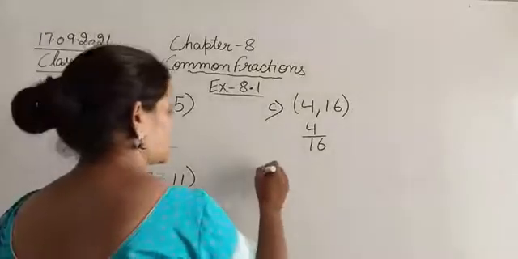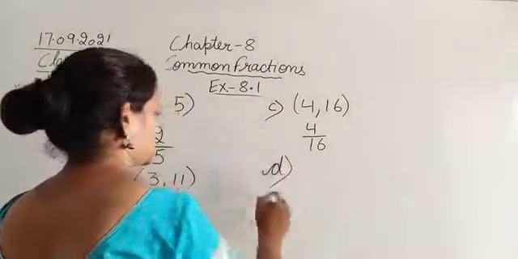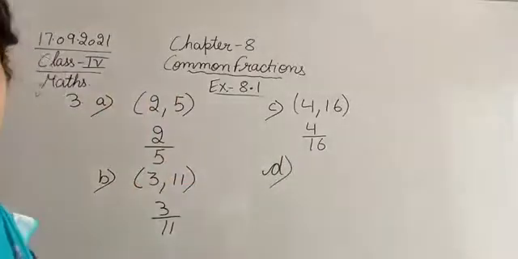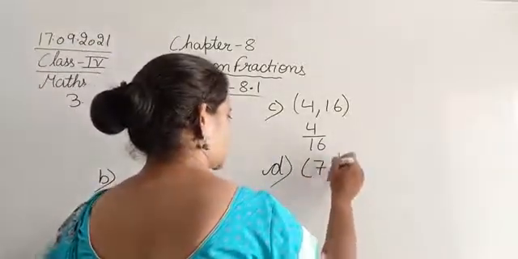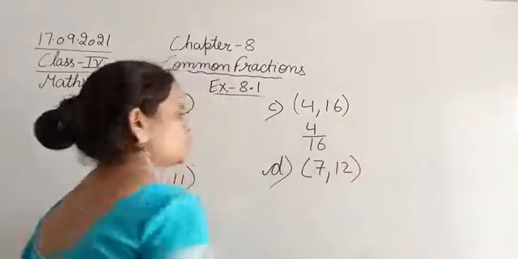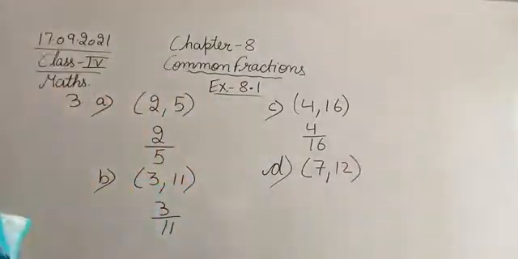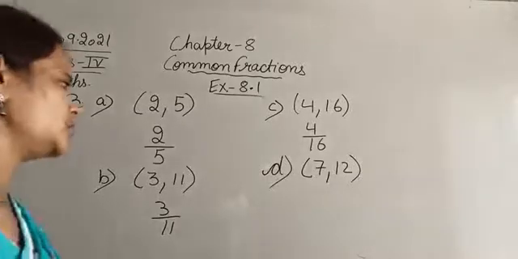Next, the D part. In the D, the numbers given in the bracket are 7 and 12. Now we have to write it in the form of the numerator and the denominator.